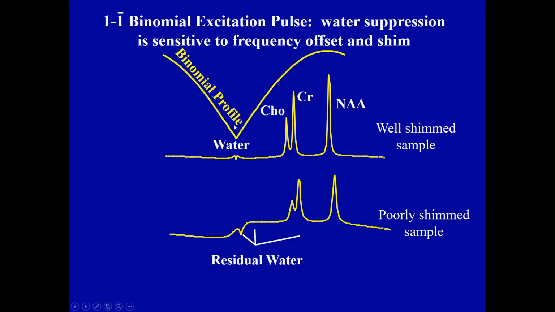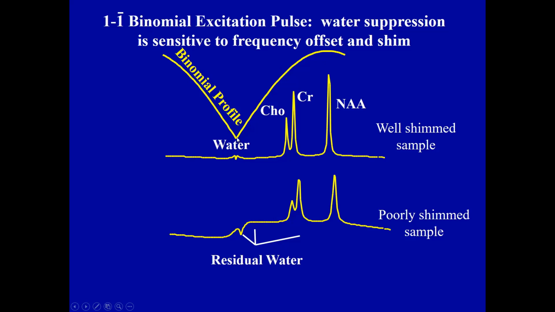Another difficulty, which actually affects many different water suppression methods in different ways, is the shimming. Now, note that the binomial pulse performance depends on frequency.